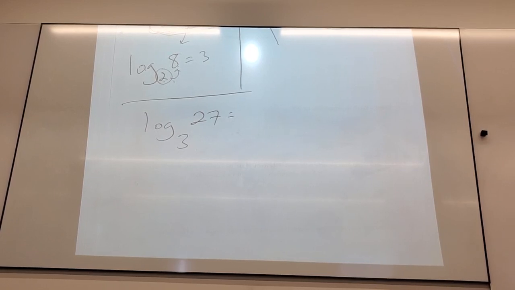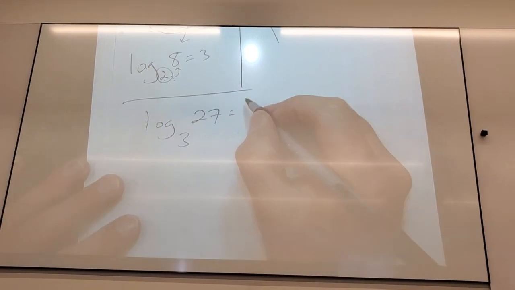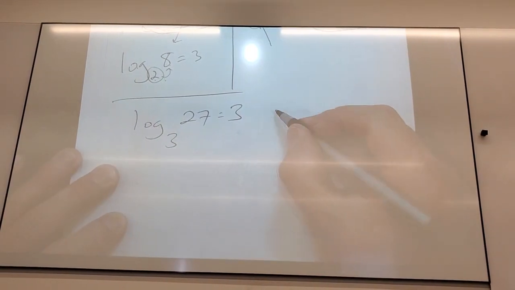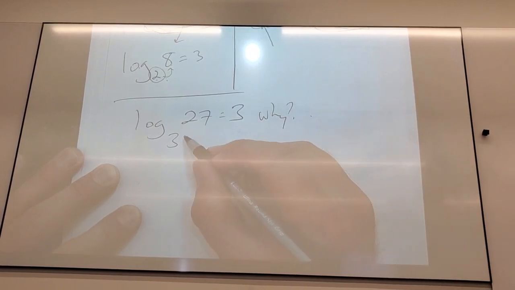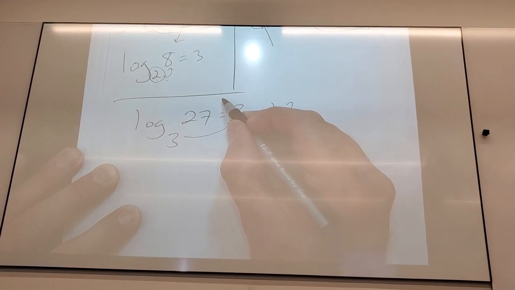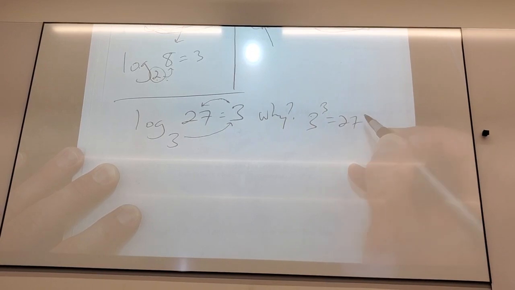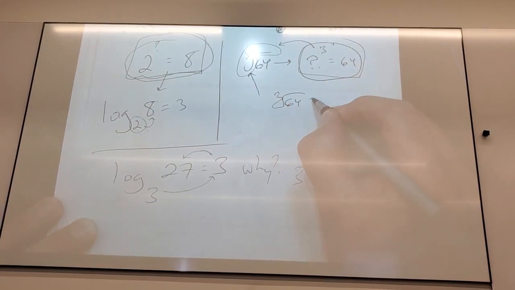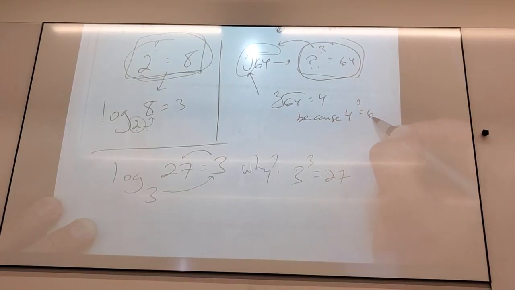Because that's what logs are. So yeah, this is 3, why? Because 3 to the third power is 27. The same way I could say cube root of 64 is 4 because 4 cubed is 64, right?